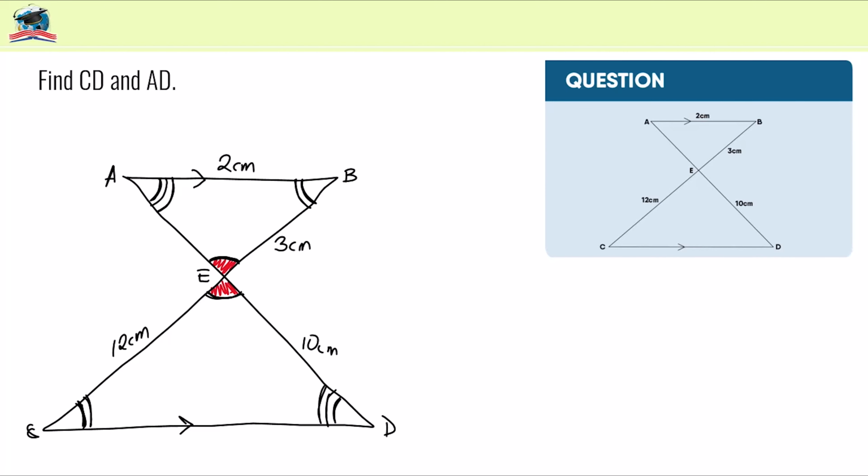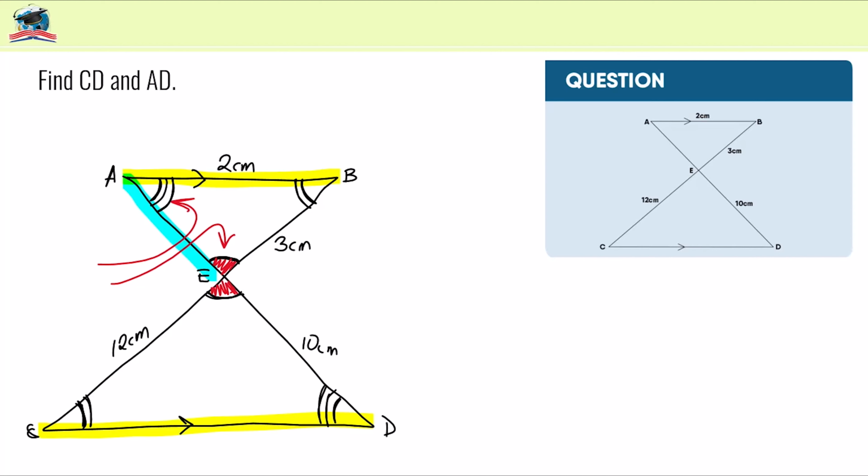Excellent. Now we can see that this side and this side are similar. Okay, do we still have more? Yes, we do have more. We got this side here, A to E. We can see that we've got 3 strokes here and 1 stroke here.